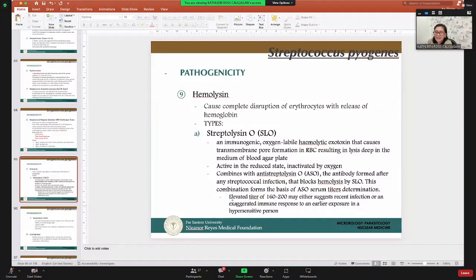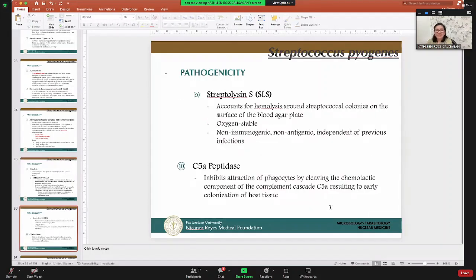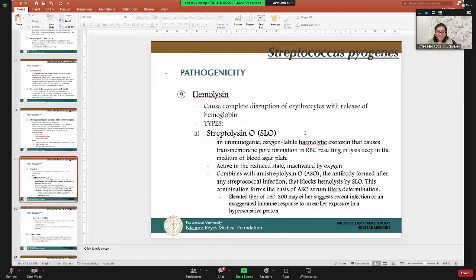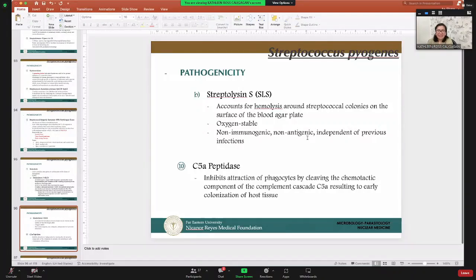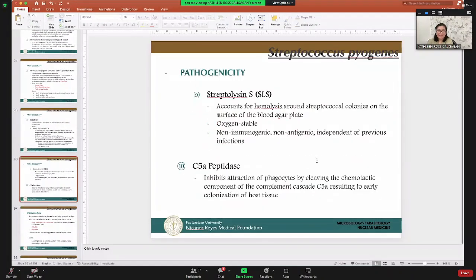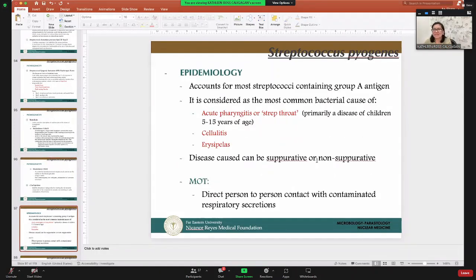So a titer of 160 to 200 suggests a recent infection or an exaggerated immune response to an earlier exposure in a hypersensitive patient. Okay. Then what else? So those are some of the more important virulence factors.